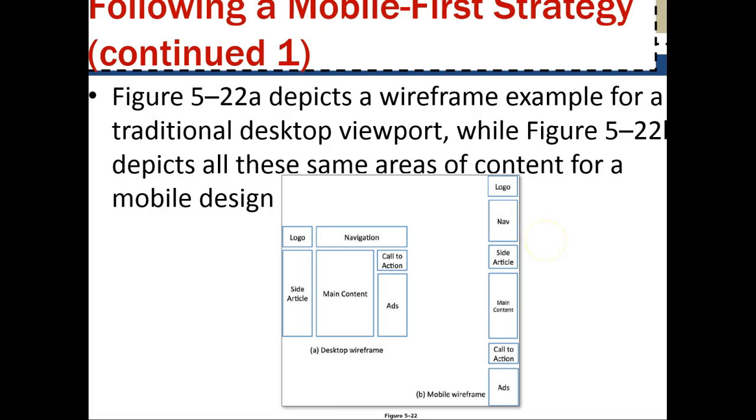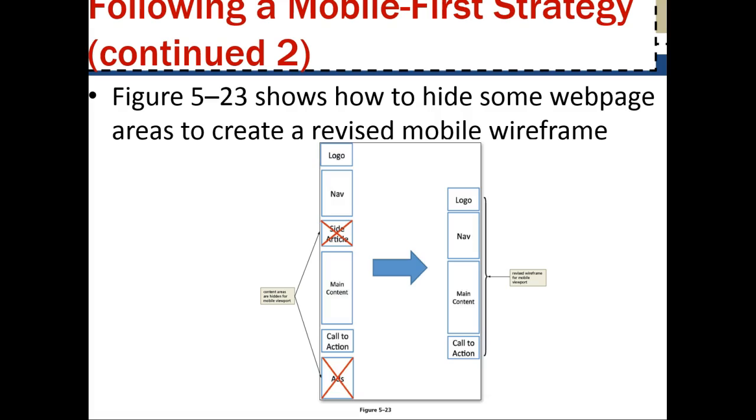An ideal web page in a mobile viewport requires little or no scrolling at all. So we need to analyze this more to determine the area with the most essential content. You can hide the non-essential content areas for a mobile viewport as well. In this picture, it shows how to hide some web page areas to create a revised mobile wireframe.